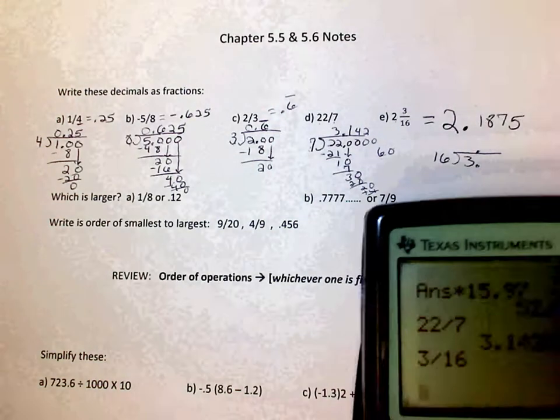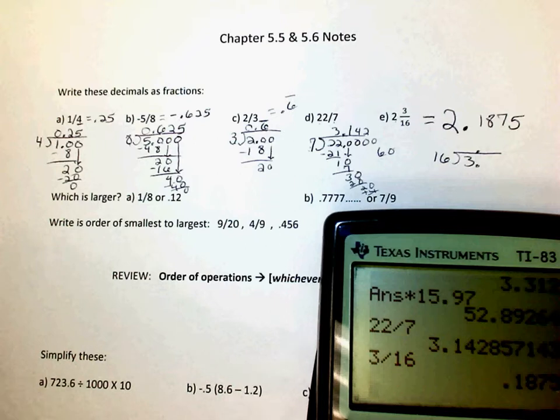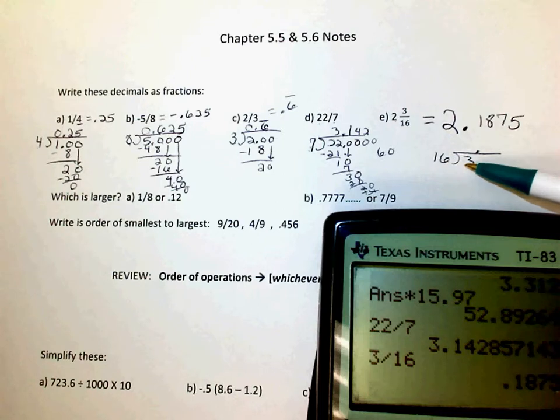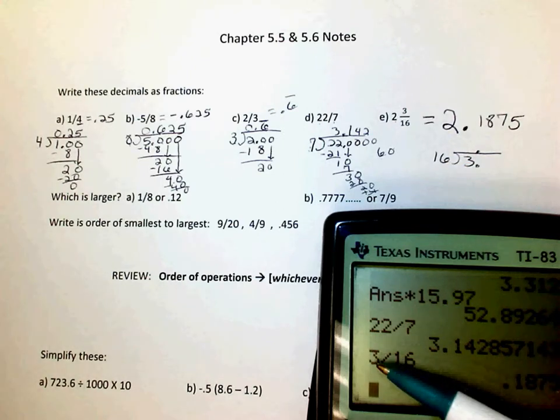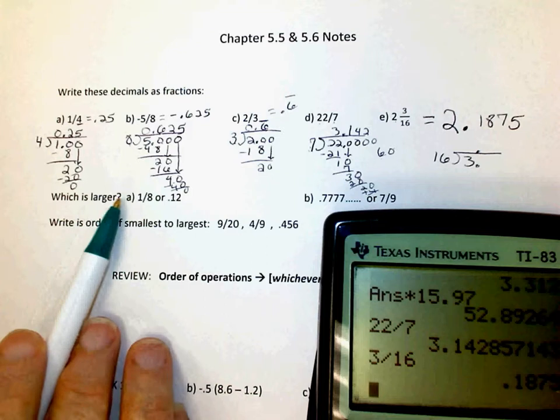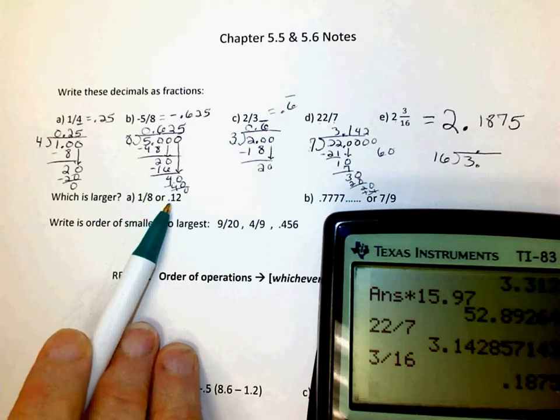Notice, I just want to point something out. When we write long division on paper, we put the divisor first. In the calculator, we put the dividend first. So get used to that. Now, which one's larger, 1/8 or 0.12?